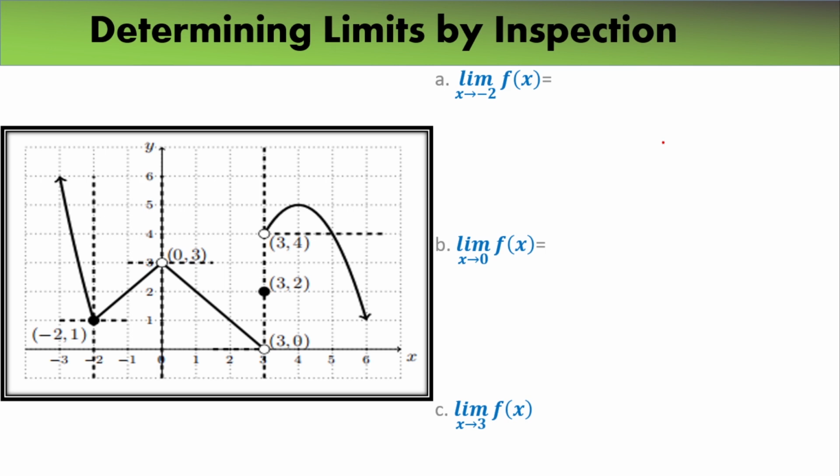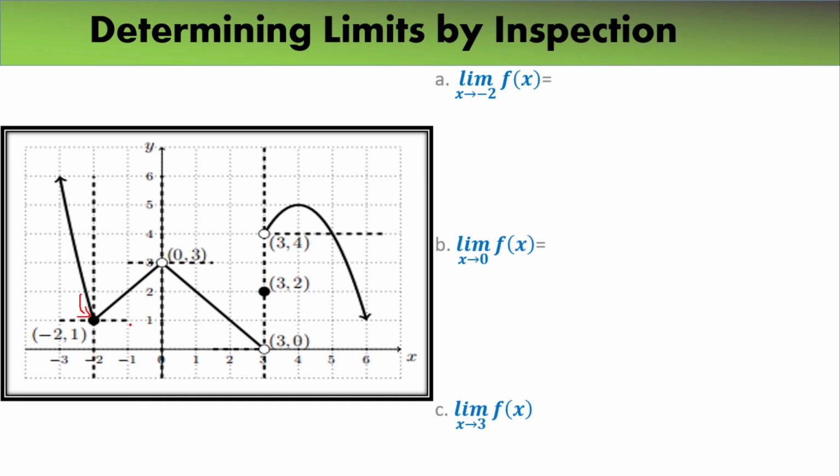So in these three examples, we are asked to evaluate the limit using graph. So for letter A, we have to determine the limit of f of x as x approaches negative 2. I-apply lang natin yung na-discuss natin kanina. So by inspection, as x approaches negative 2 from the left, yan, ito yung from the left natin, saan papunta yung y value natin o yung f of x natin?